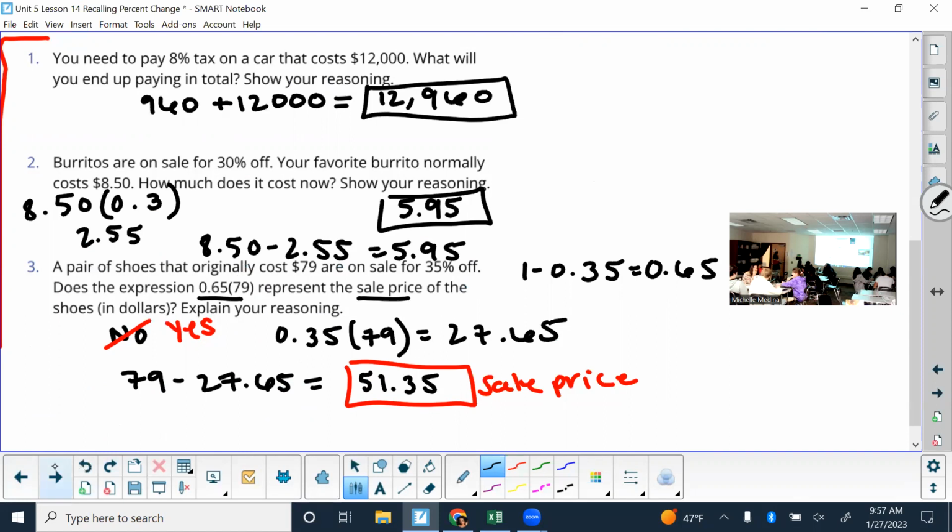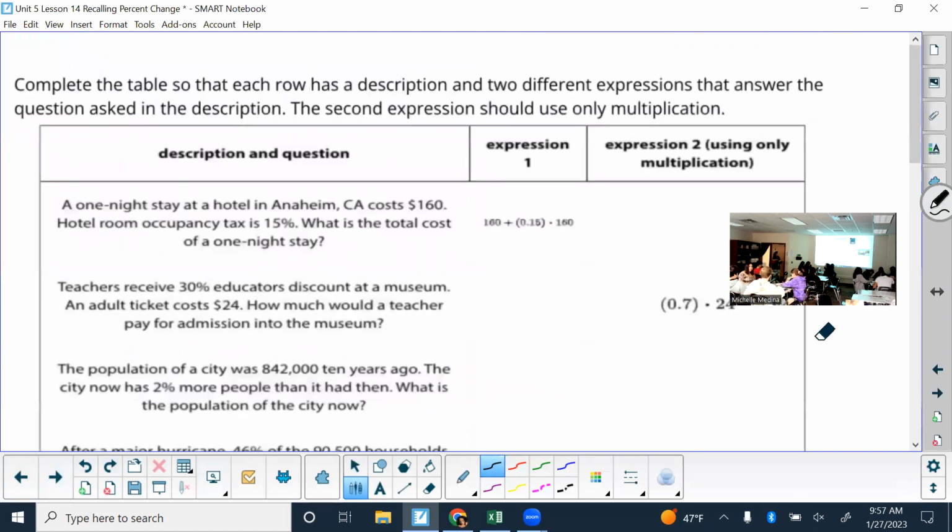All right, we're almost done. So next, we're practicing with percentages, but we also need to relate it to our growth and decay function. So on the back side, you have a chart that you're filling in. We'll do a couple together. But remember, when it's growth, it's usually 1 plus whatever the growth rate is.